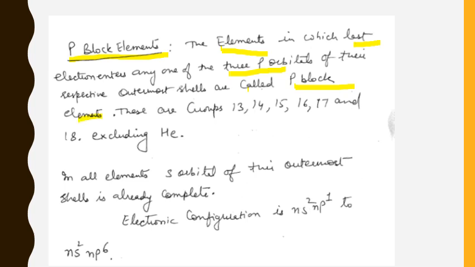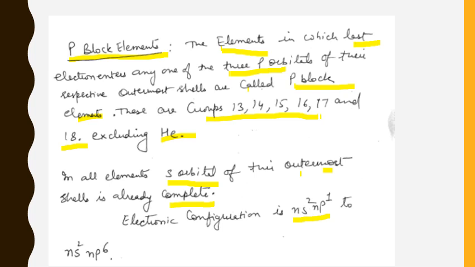So it is on the right hand side of the periodic table. Groups 13, 14, 15, 16, 17 and 18 come in this category, excluding helium. In these elements, the s orbital of the outermost shell is completed, so the electronic configuration is ns2 np1.